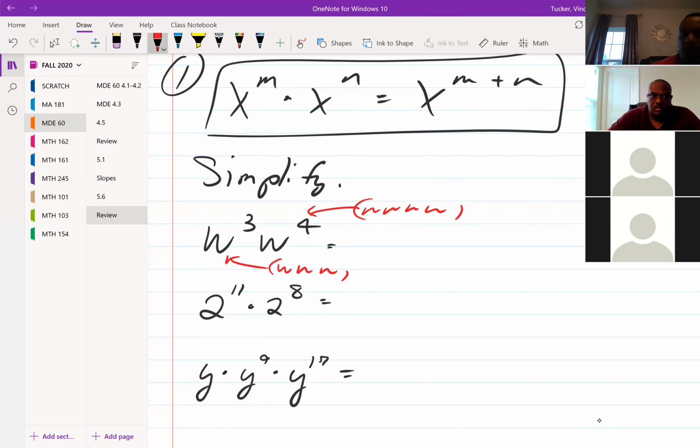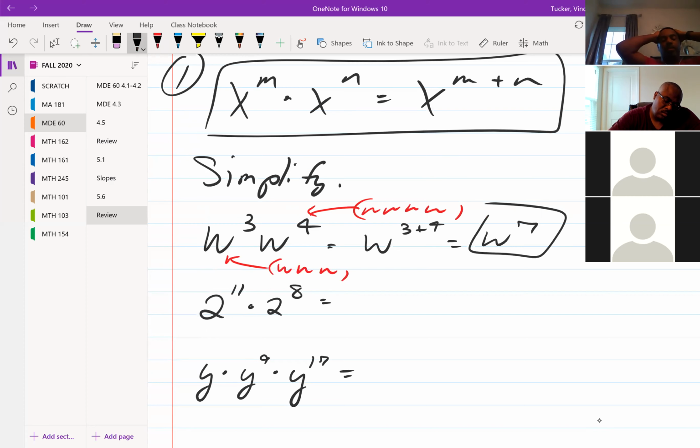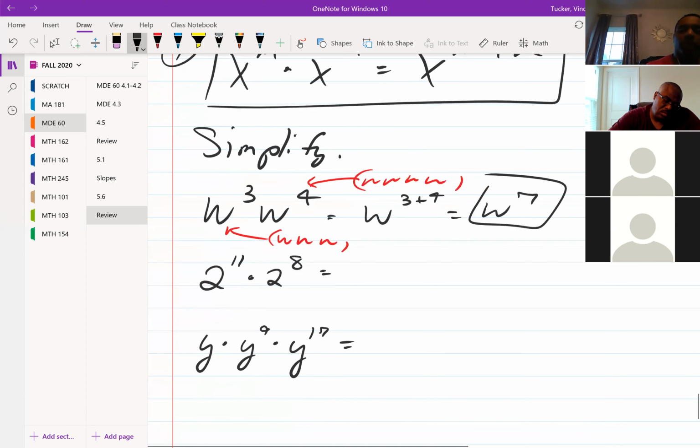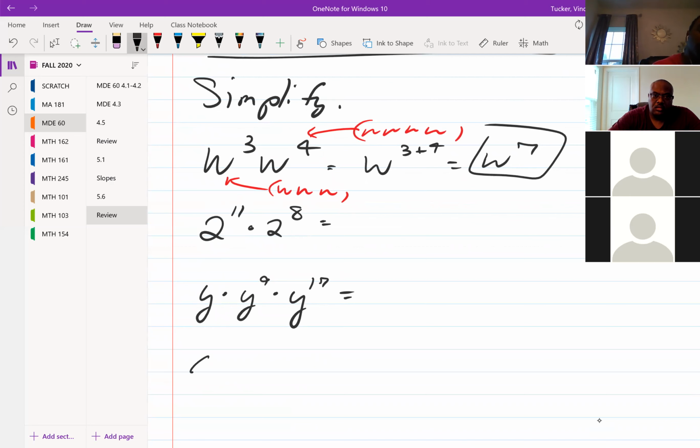That's the foundation of what you're doing here. You're taking a shortcut. So that's just 3 plus 4, which is w to the 7th power. Whenever you have exponents with the same bases, you add your exponents.